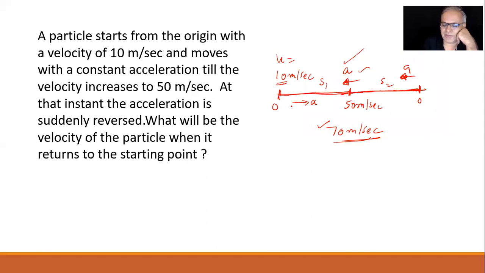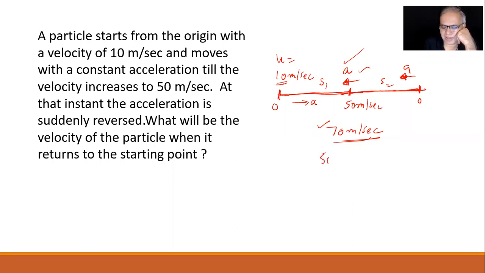You're saying S1, S2, I applied v square minus u square, whichever way, that's not a big deal. Why was she calculating S1 and S2? Because it will start and then come back with the same acceleration. Acceleration is there, right? Initial velocity is there while coming back. So if I knew the distance, I would get the velocity, is her idea. So she did it, she got it. I have no problem with that. So can I do the same thing now?